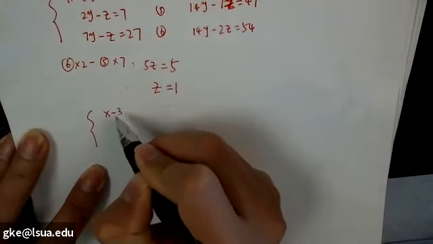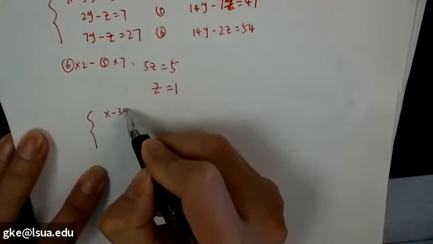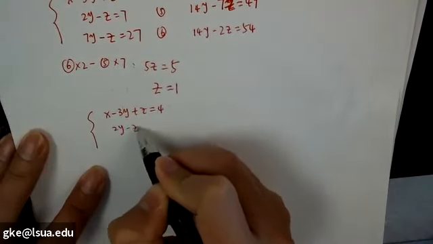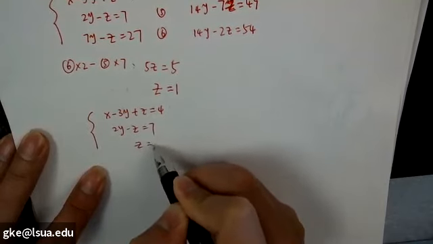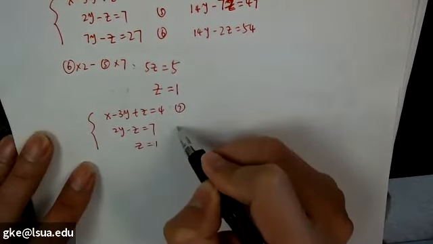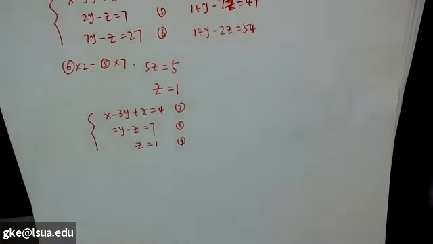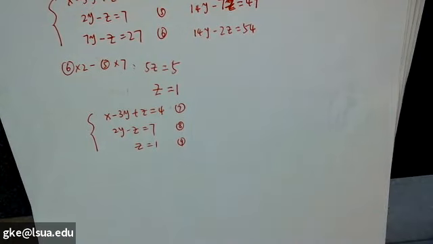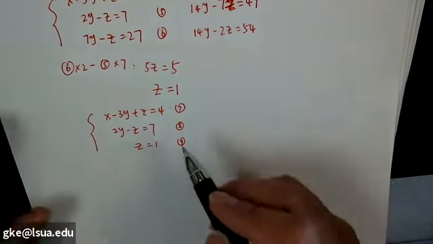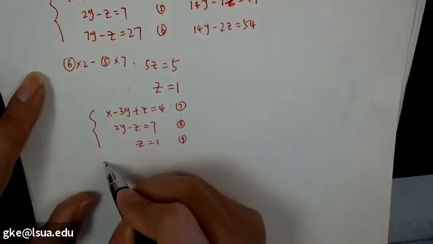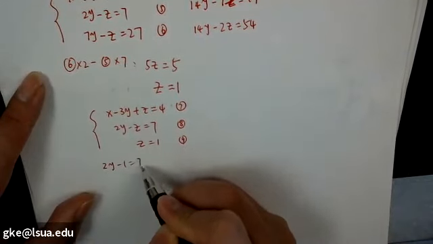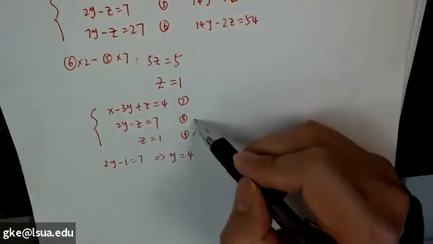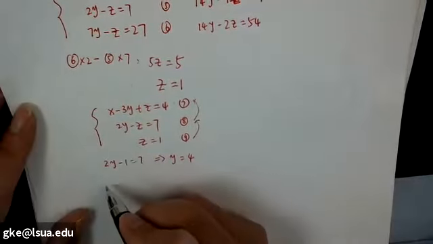So we have, now we can use back substitution. Back substitution. So plugging back, 2y minus 1 equals 7. We're gonna get y equals 4. And we're plugging back the first equation.